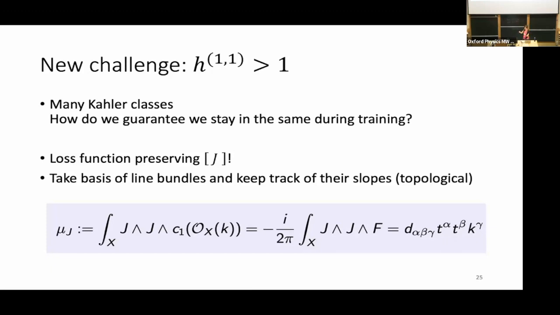You can look at 2-cycles, where the volume you would compute by taking the integral of J, the Kähler form, or 4-cycles, then you have the integral of J wedge J, and so on. And this is something you can do. However, then you need to sample points on these manifolds of different dimensions, which is technically a bit challenging, and I don't think anyone has attempted to do that.